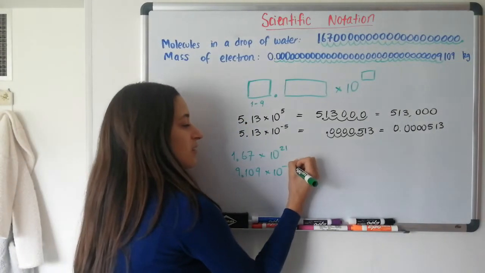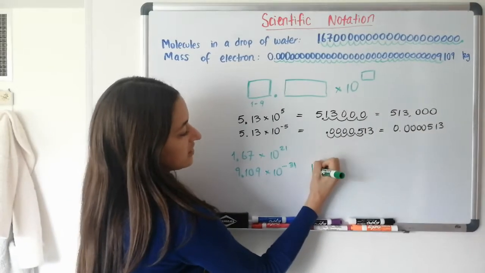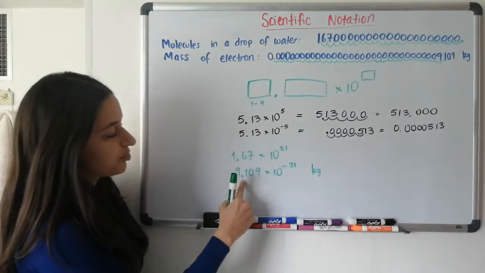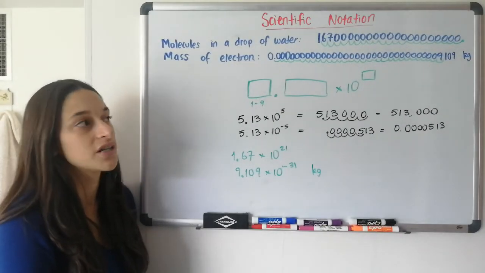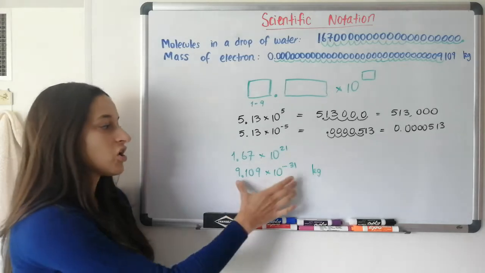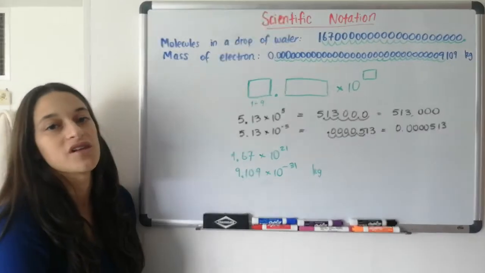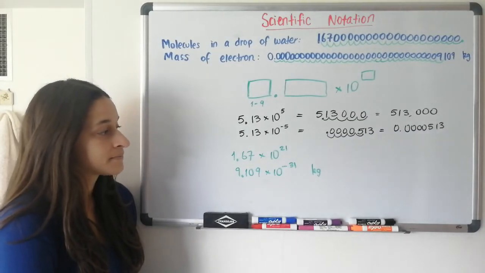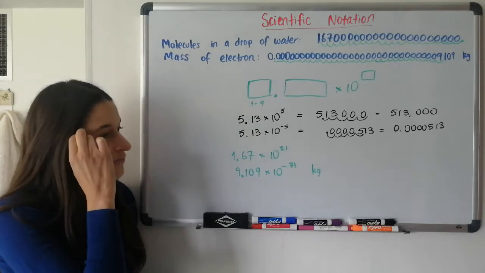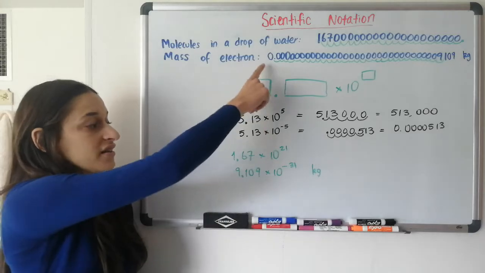So the mass of an electron written in scientific notation is 9.109 times 10 to the negative 31 kilograms. So again, this is a lot shorter, a lot easier to use than this huge number with lots of zeros. It's easier to put in the calculator, and in general, it makes a lot more sense to write it like that than to write it like this.